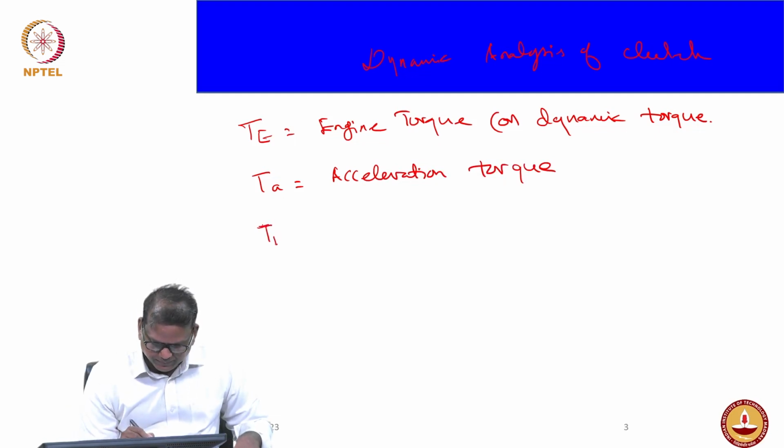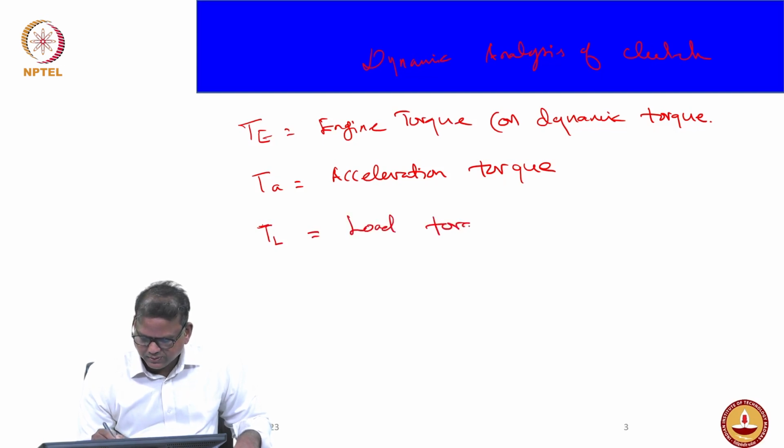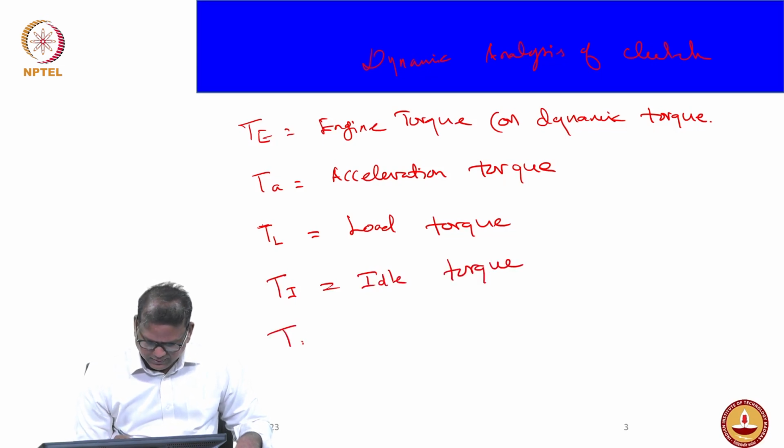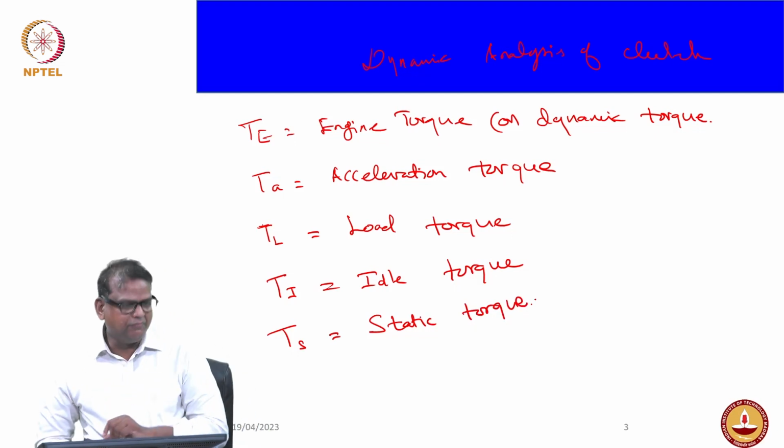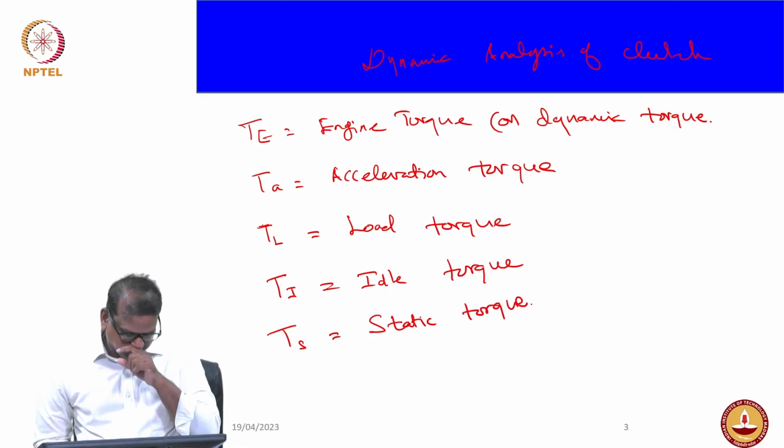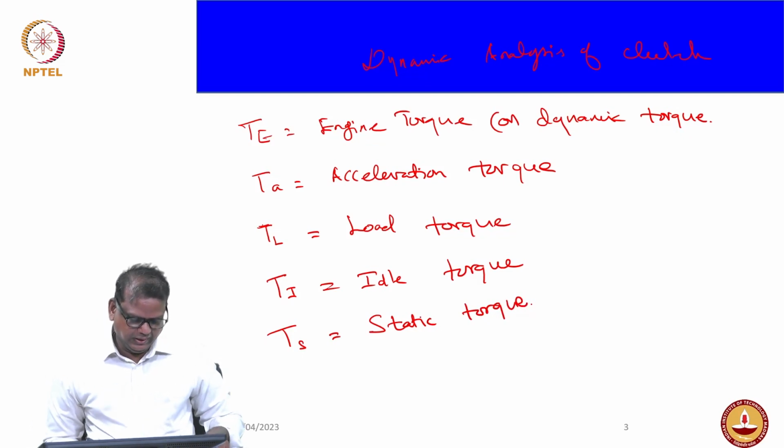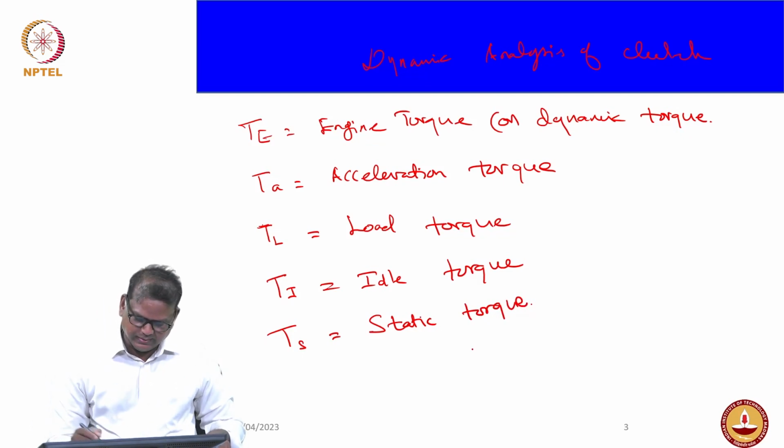TL is the load torque. Ti is the idle torque during the idle time. Then Ts is the static torque. So we have five different torques: engine torque, acceleration torque, load torque, as well as idle and static torque.